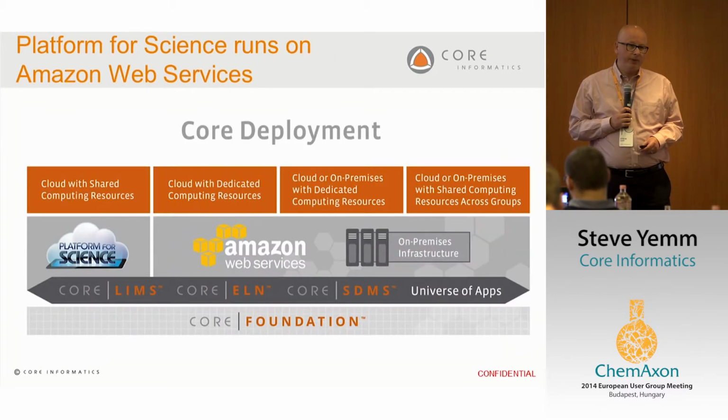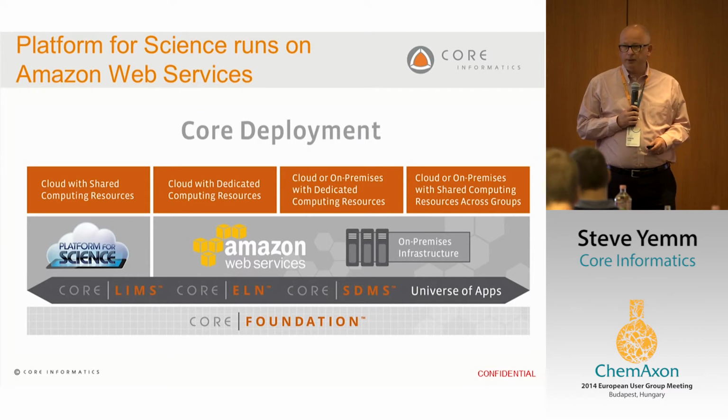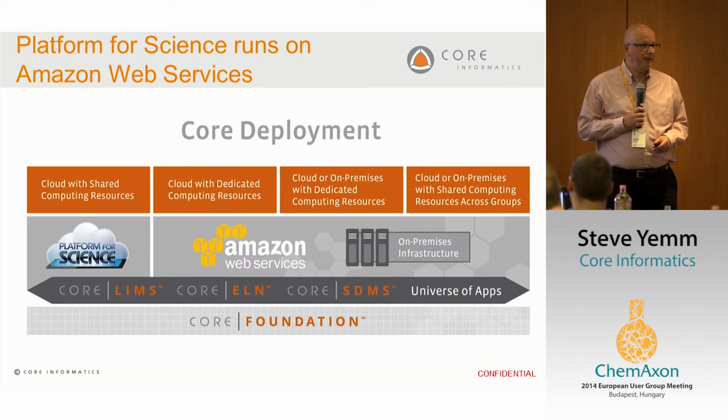Our deployment, well, we were one of the early adopters of Amazon Web Services back in 2007. We make full use of the whole AWS technology stack. As was pointed out by Ian from Evertech this morning, you can have your own private cloud. You can install this on your own servers, and you can call it your own company's cloud.